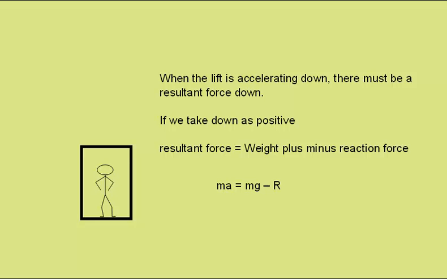So we can write that the resultant force, which will cause the acceleration of the man, ma, is equal to mg, the weight, minus the reaction force. We can rearrange this as the reaction force is equal to mg, the weight, minus ma, the resultant force, which is equal to m(g minus a). You feel lighter.